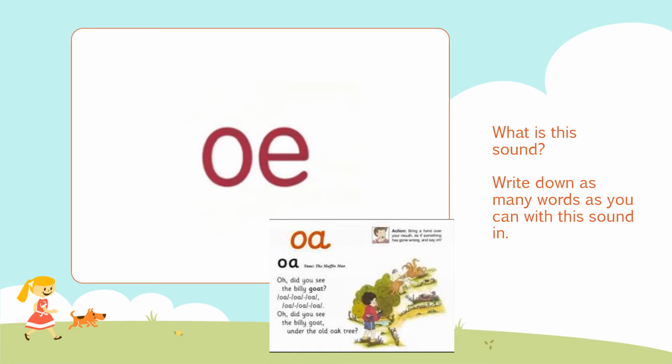So while we get our heads around the different ways of spelling it, I want you to think of as many words as you can with that sound in. It doesn't matter if it's got the O and the A making the O sound or the O and the E making the O sound. Anything with an O sound in it, okay? You can write them down or you can tell somebody near you. You're going to have 30 seconds. Ready? Go.